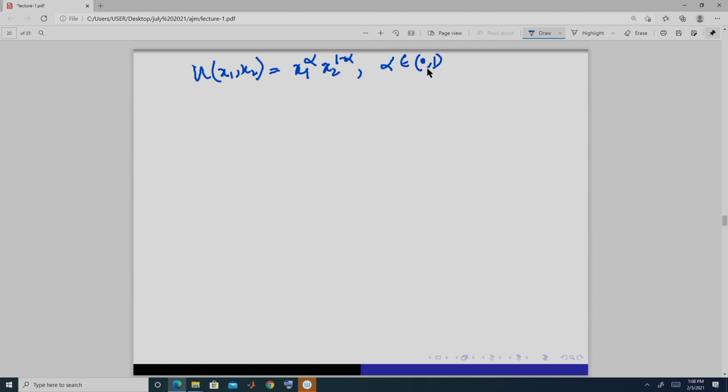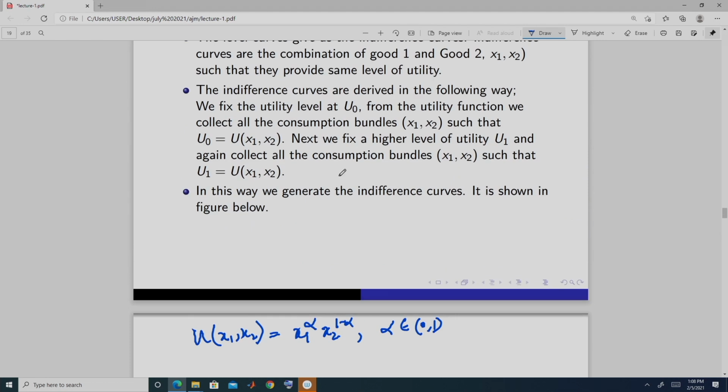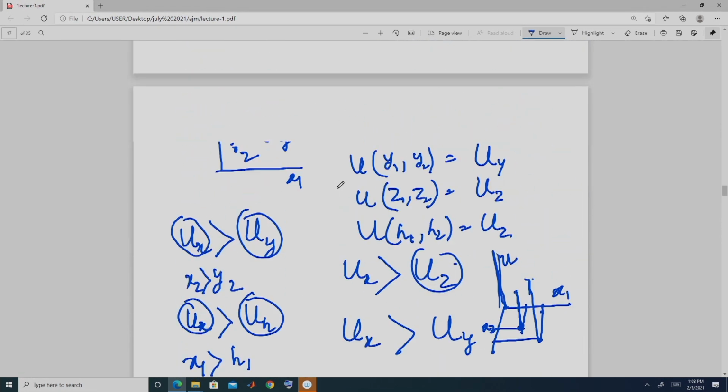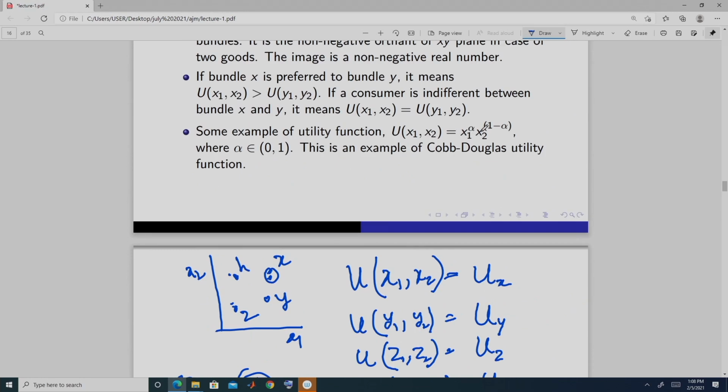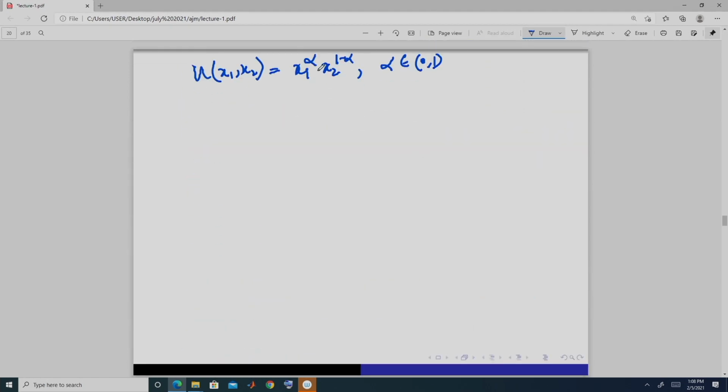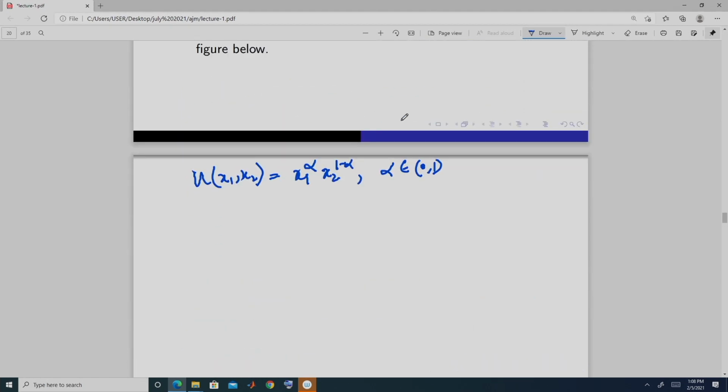It can be any number between 0 and 1. So this is an example of a very well known utility function, that is the Cobb-Douglas utility function. And here, when we plug in, based on these two we will get a real number.